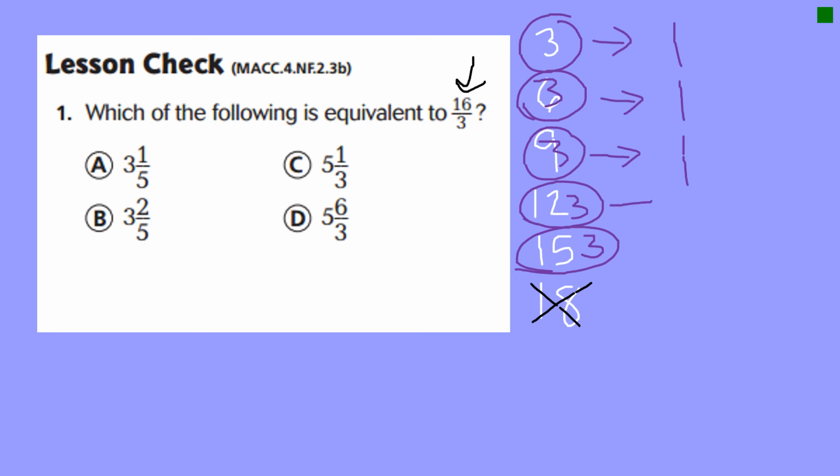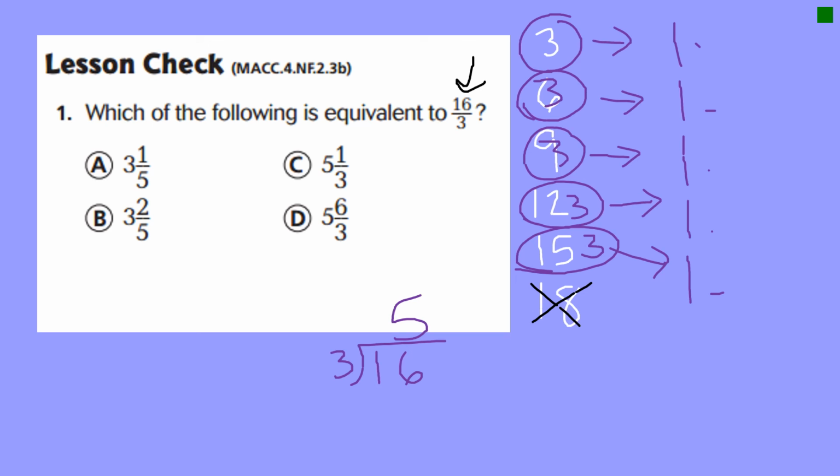Okay? 1 whole. 1 whole. So how many sets of 3 can I get out of 16? 1, 2, 3, 4, 5. 5. 16 divided by 3. 3 goes into 16 5 whole times, right?